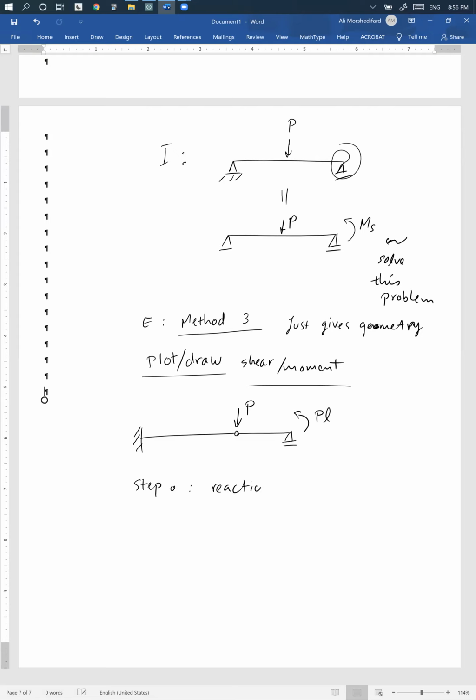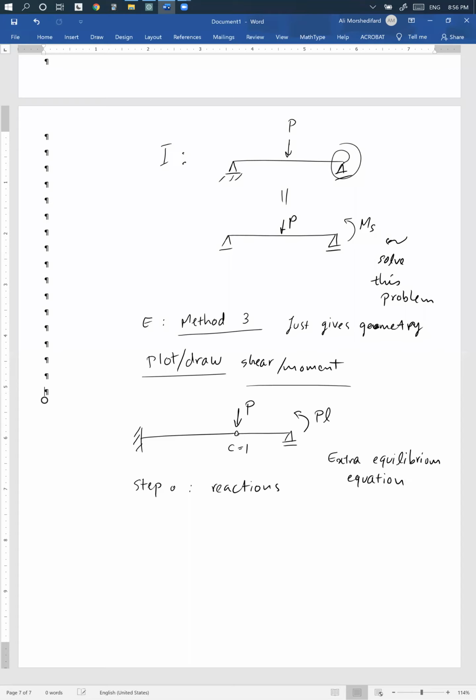Reactions. Do you remember from the degree of indeterminacy stuff that we said we have a constraint here? And I said that constraint just means that you have an extra equilibrium equation.